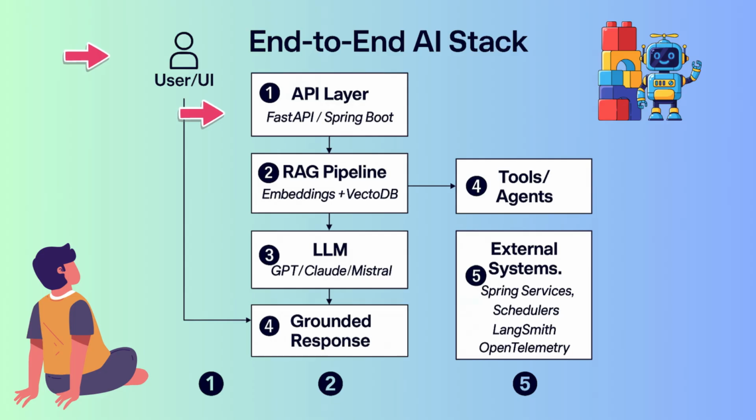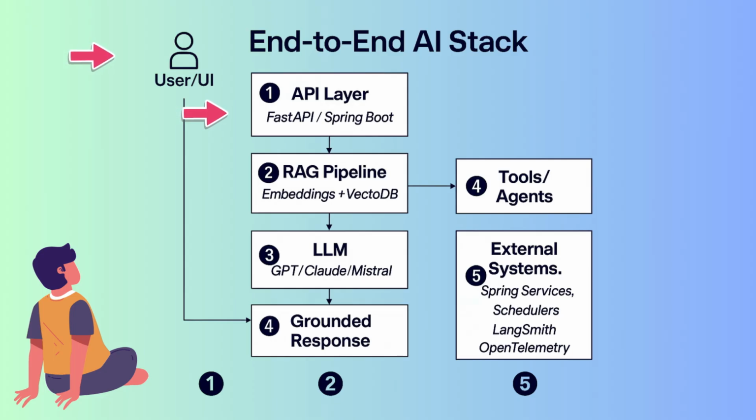Now let's walk through the full end-to-end AI stack step by step. Everything starts with the user. This could be a web app or an enterprise portal or even an IDE plugin. At this point, the user is just asking a question or triggering an action. Nothing AI specific happens here yet.